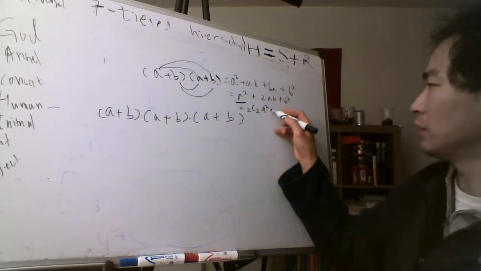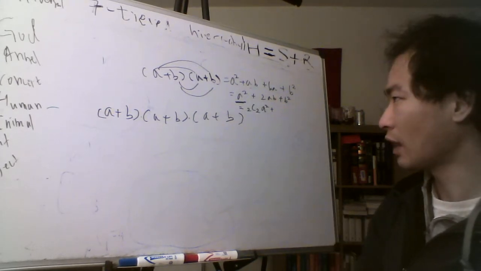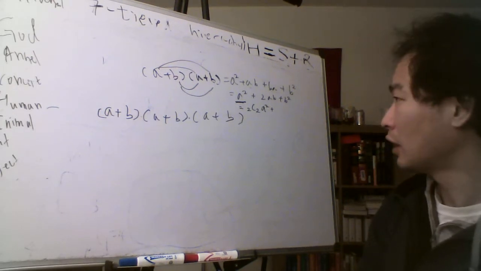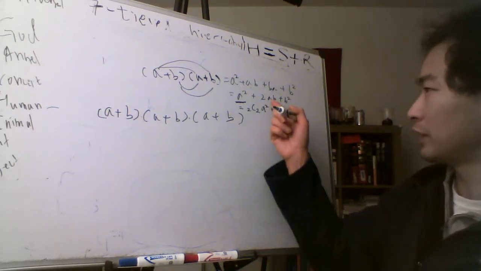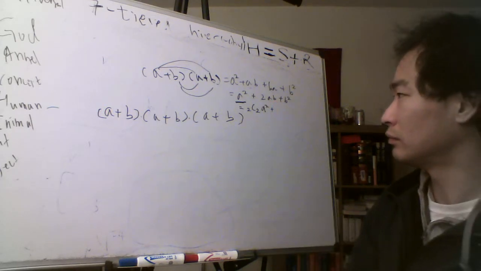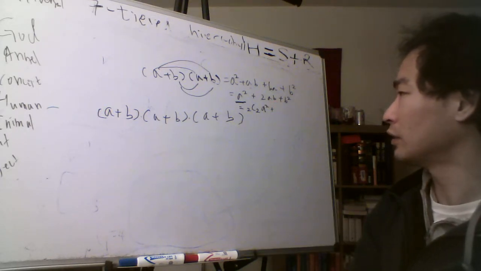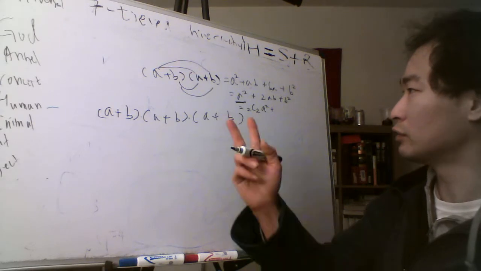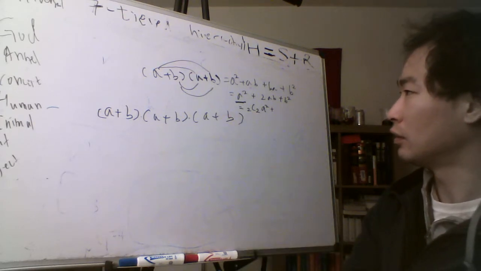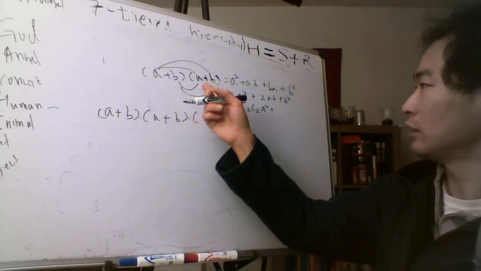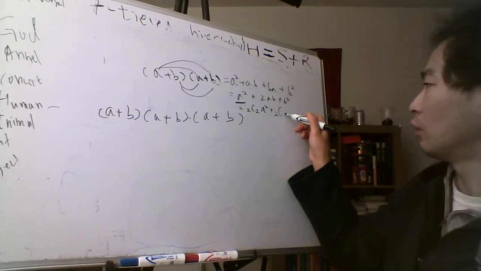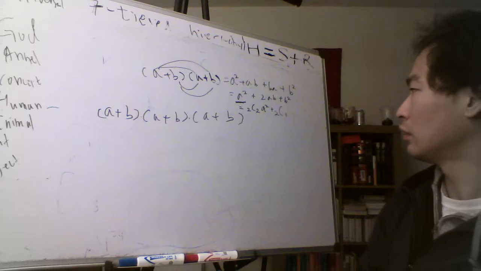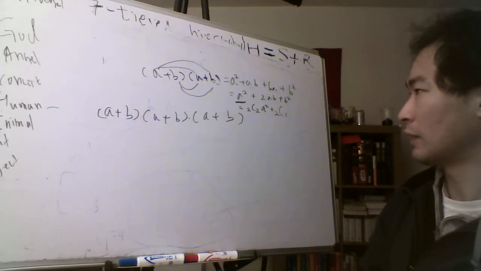A squared plus, now, how many ways are there to pick one a and then one b? There are two ways. Out of two a's, we are picking one a.